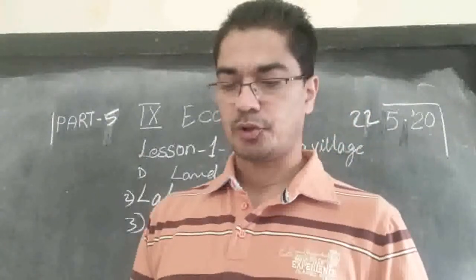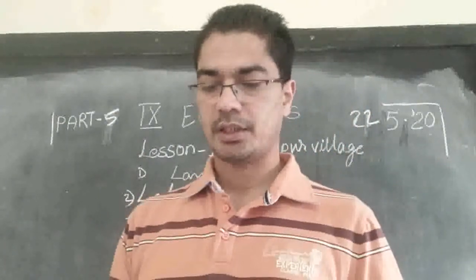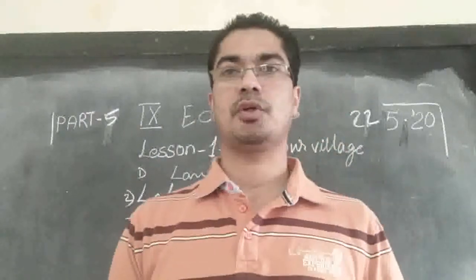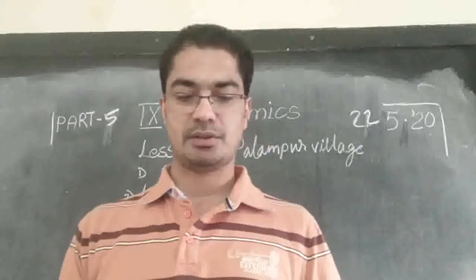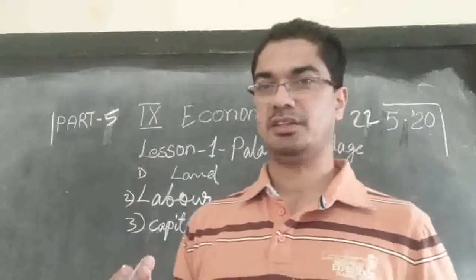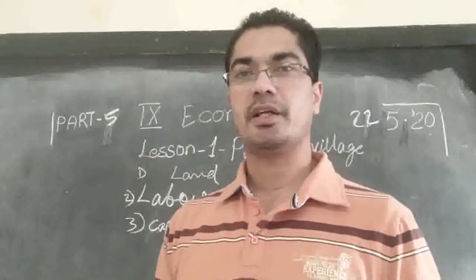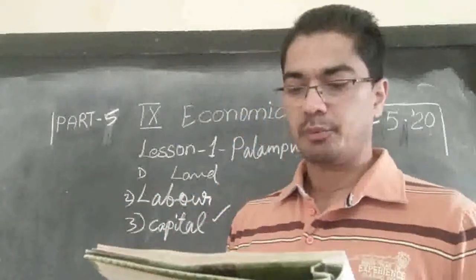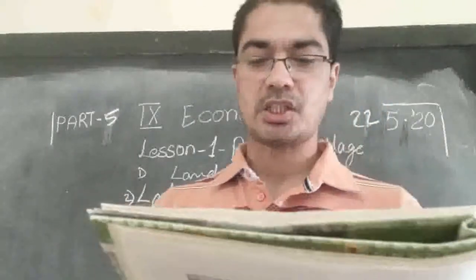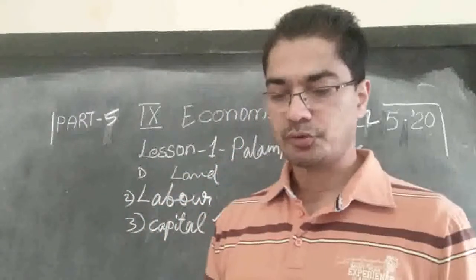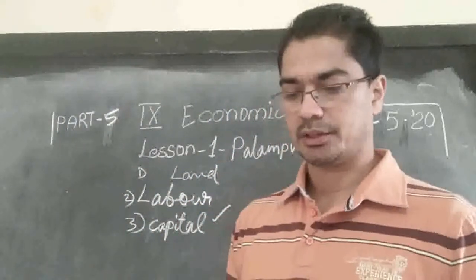Among the three factors of production, we found that labor is the most abundant factor of production. So among all these, labor is in abundance, but all do not have enough work to do. Then there are many people who are willing to work as farm laborers in the villages, whereas the opportunities of work are limited.